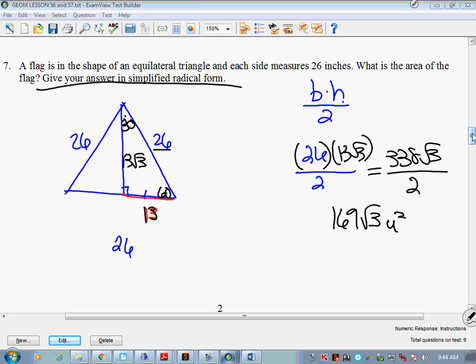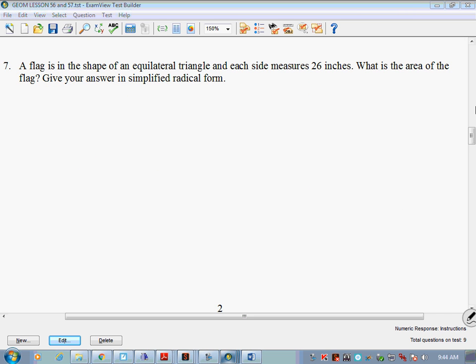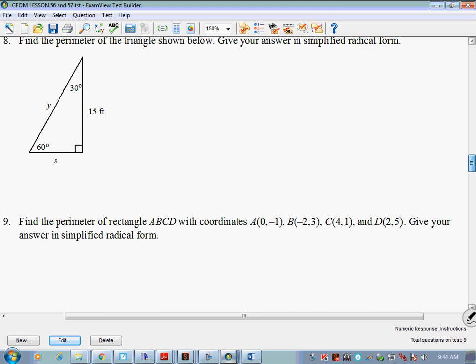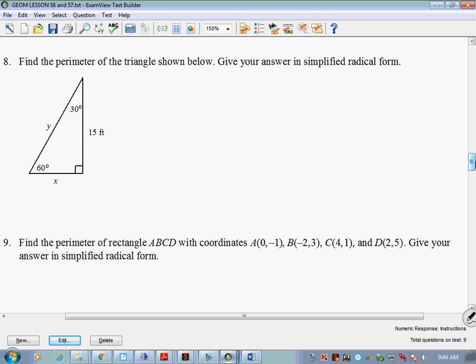All right. Got about 5 minutes. Let's see if we can answer these next couple of questions. This one says find the perimeter. It's important to answer the question that's being asked, not just find X and Y. Darian, if this side is 15, it's opposite 60, can I find X?